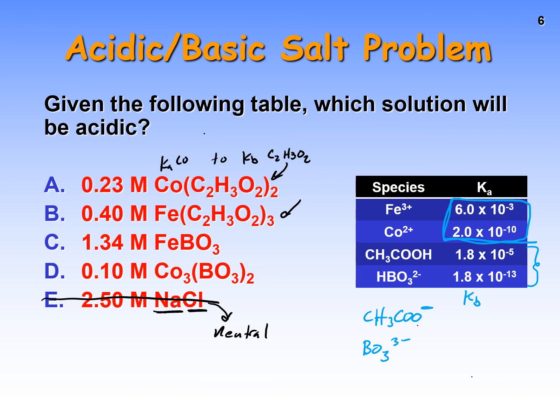And we can get them using our expression that we did on the last slide, right? Kw is equal to Ka times Kb.